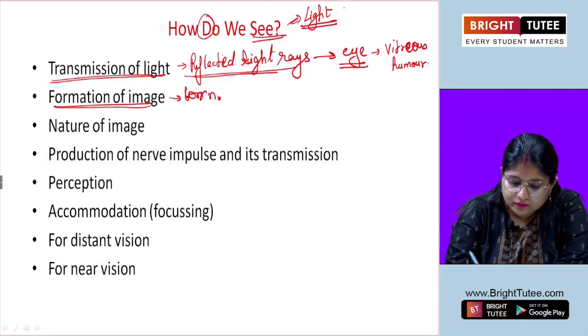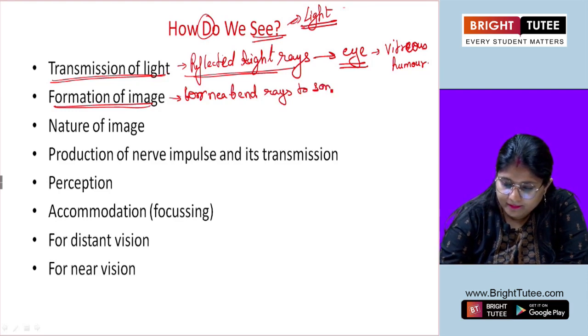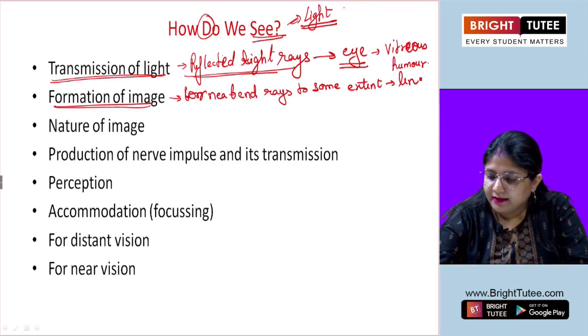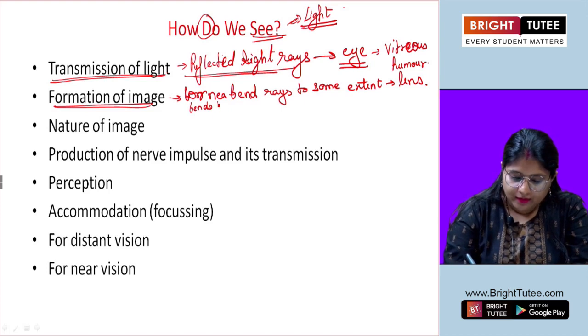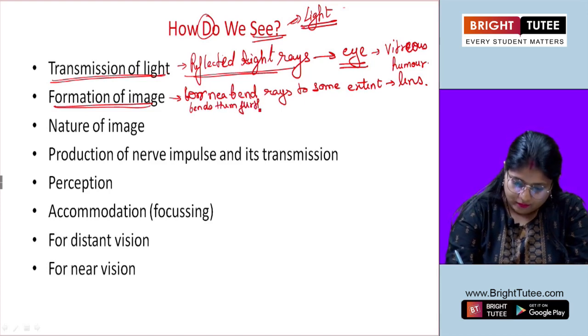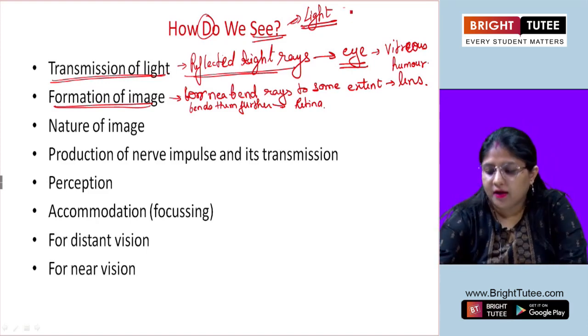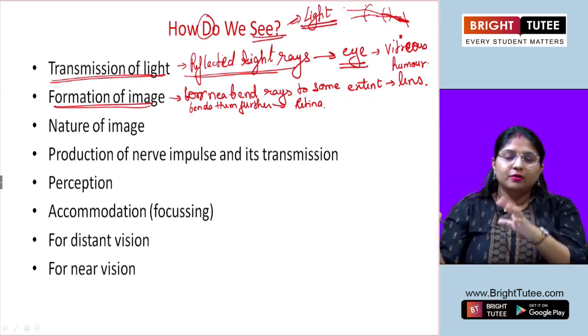The cornea bends the rays to some extent, and then these rays go towards the lens, and then the lens further bends the rays to form an image on the retina, right? So the rays are coming, these are getting bent because of the cornea, then because of the lens they are getting further bent, and then they will form an image on the yellow spot, right? So this is how the image formation takes place.